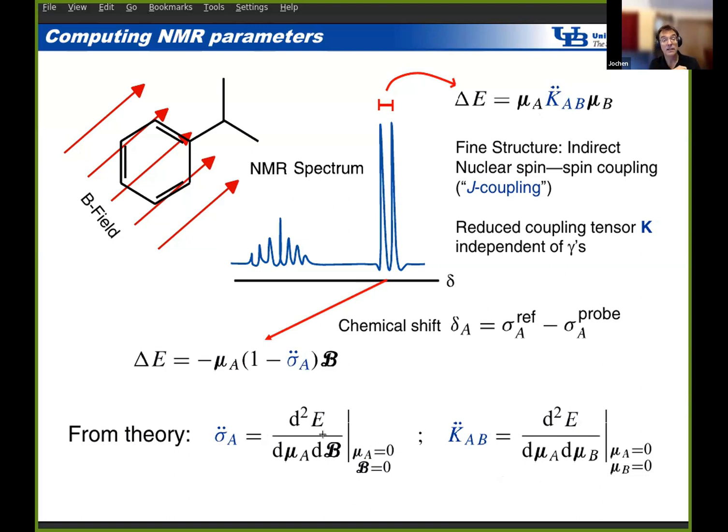Which means if the energy is relativistic, then so are the calculated parameters. And as some or most of you know, NMR parameters are famously sensitive to relativistic effects.